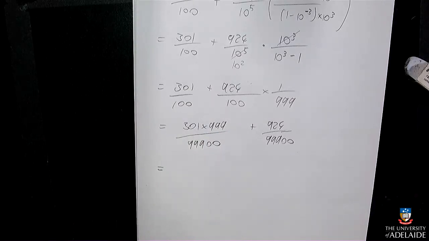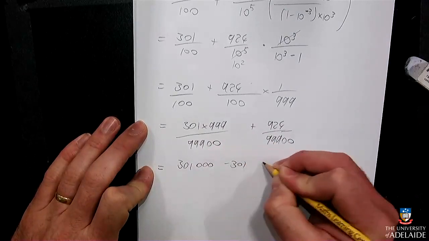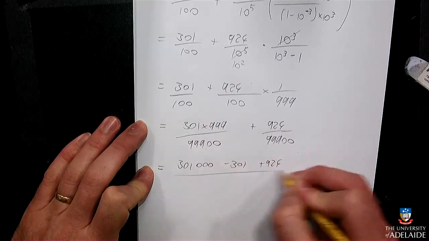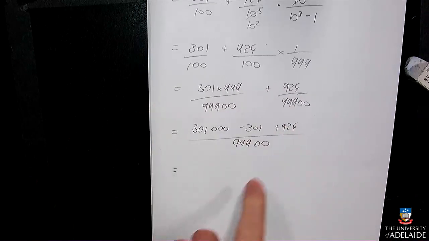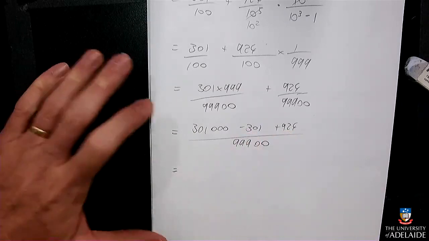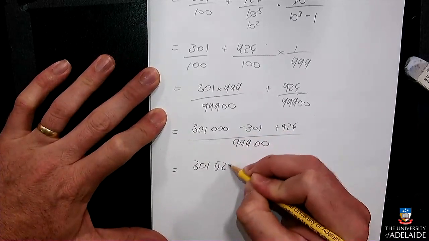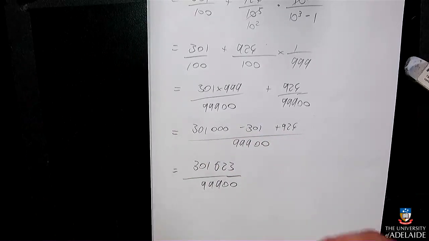Oh, cool! And 924 minus 301 is 623. Awesome. Look at that. I knew I could do it without a calculator.